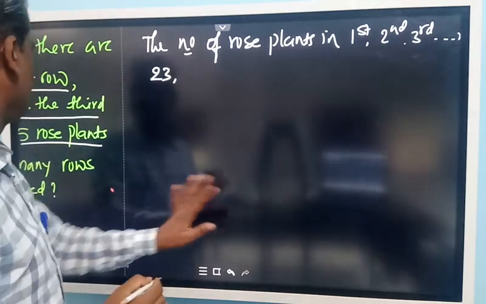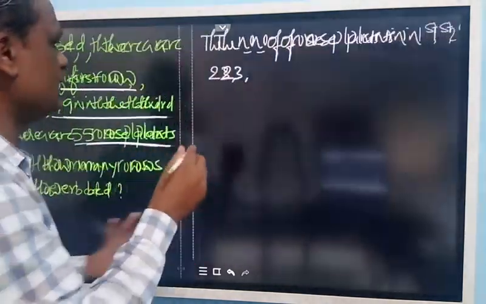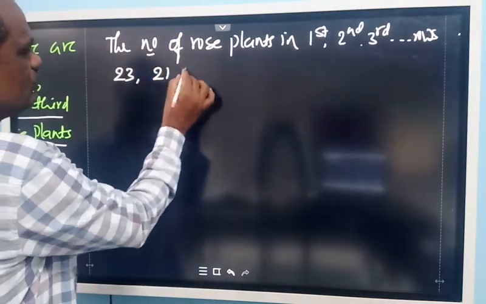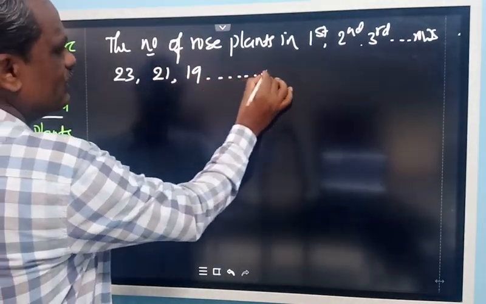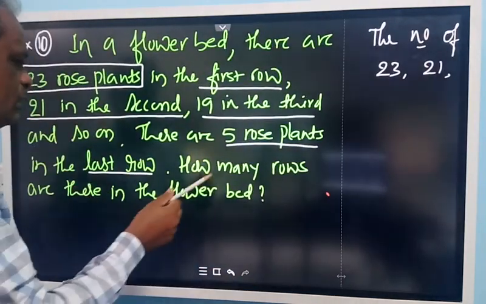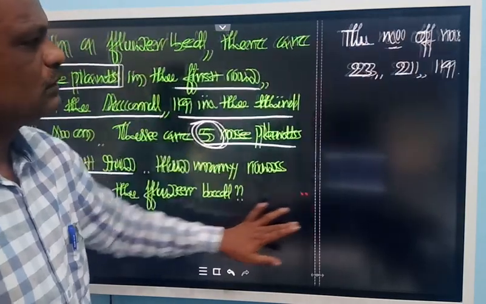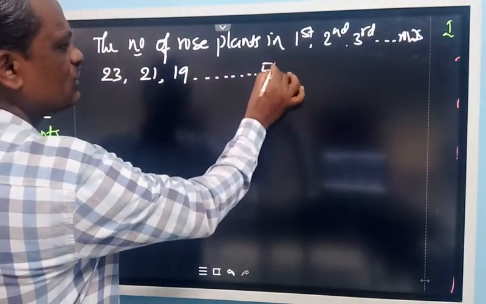In the second row it is given 21, and then in the third row it is 19, and it continues. And in the last row it is given that there are only 5 rose plants.